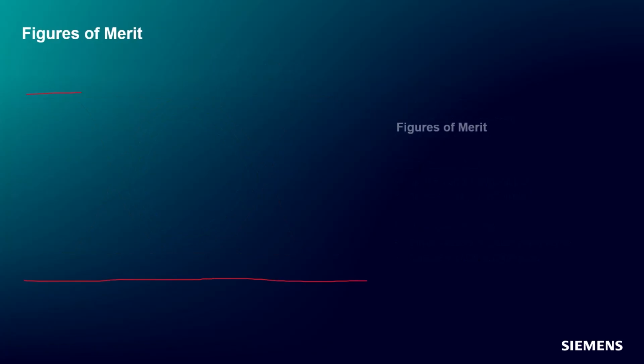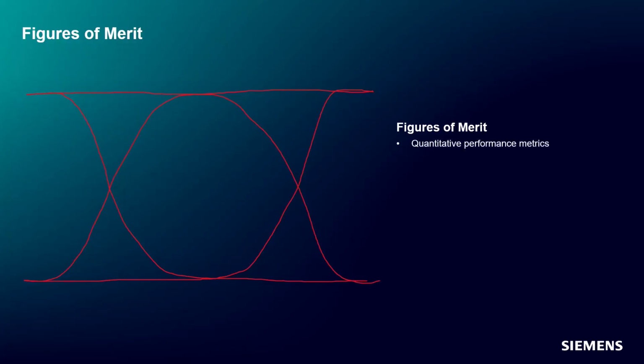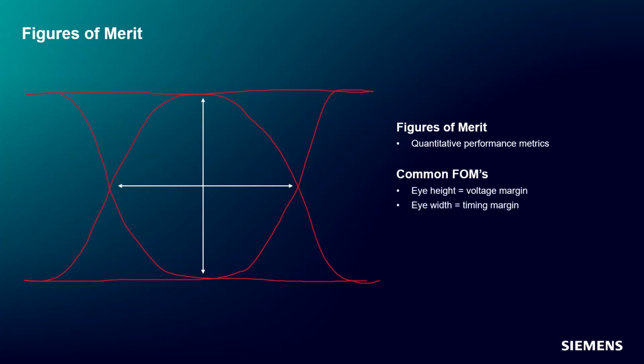In high-speed communication systems, these signal quality metrics are often described as figures of merit, or FOMs. These are measurable quantities that help engineers evaluate how well a link is performing. Some of the most commonly used figures of merit include eye height, which represents voltage margin, and eye width, which represents timing margin.